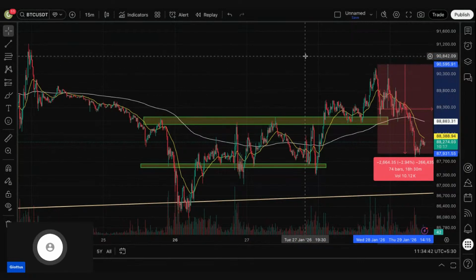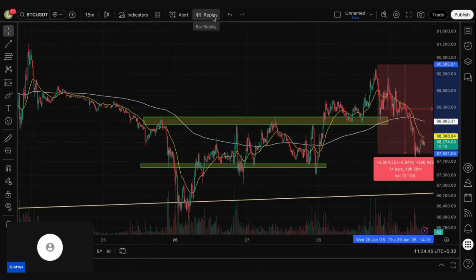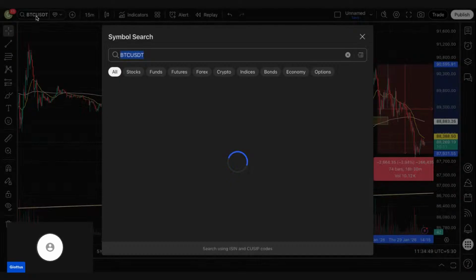And this is where the problem has come in, right? You can see the market not doing really well around this zone.